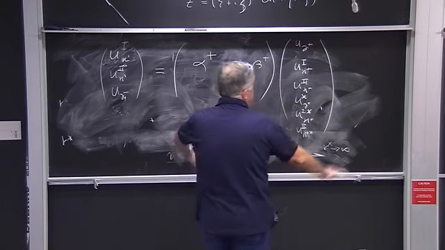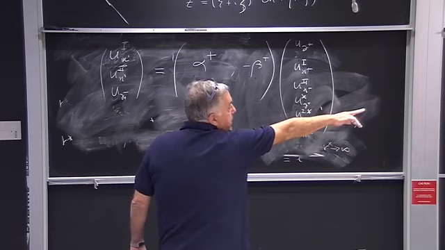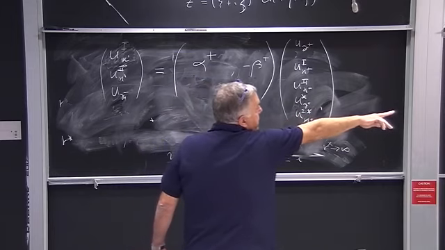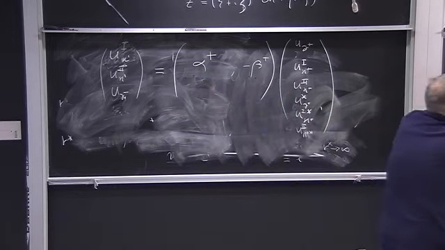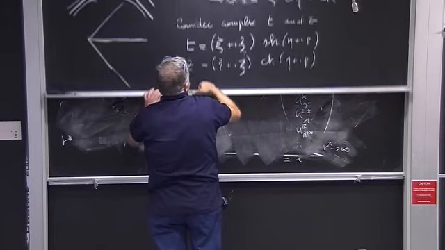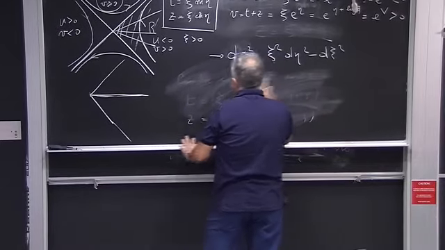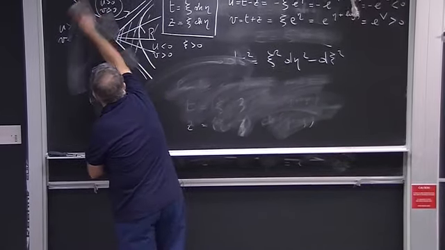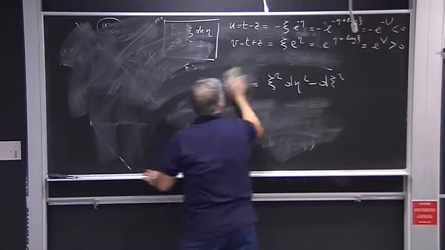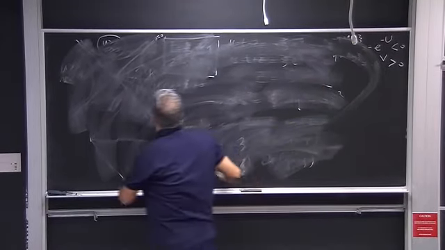And so in this way, I can identify the matrices alpha and beta just reading from these two blackboards. For instance, what do we have for u?